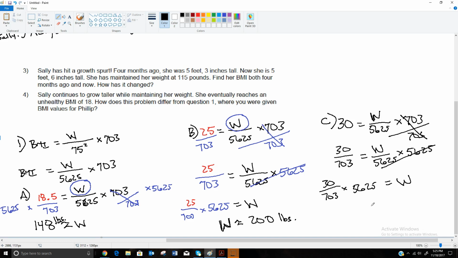Nothing changed except for this top number here. So 30 divided by 703 times 5625 gives us a weight of 240. So in order to have a BMI as high as 30, his weight is going to have to go up to 240 pounds.